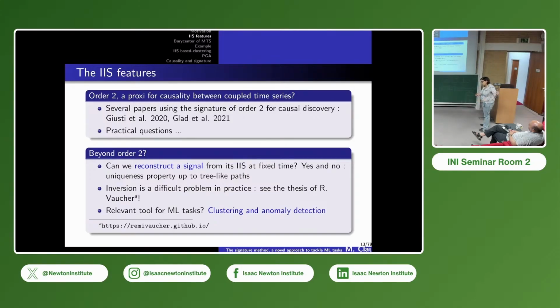So maybe if I know the whole signature, I can try to find the signal. The problem is that it is not true, because the uniqueness property of the signature is up to what we can call loops. So if you have loops, the signature doesn't see these loops.